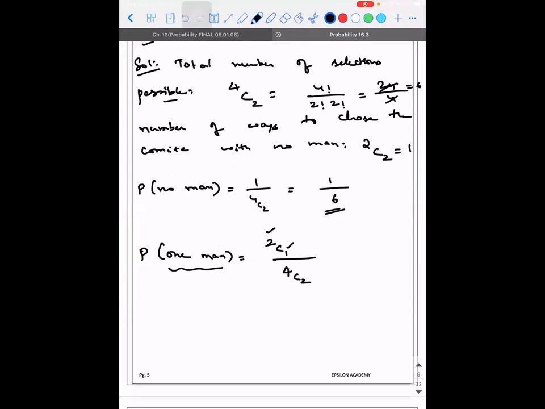Since they want only one man, from the 2 women available, I need to choose one woman. Now, do I need to add an into symbol between them or a plus symbol? Into, sir. Into, because it is an AND operation. This should happen and this should happen, then the committee will have only one man.